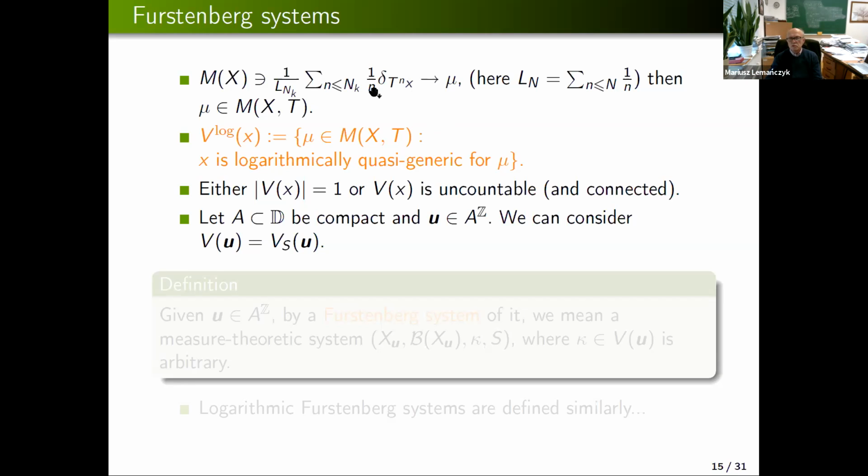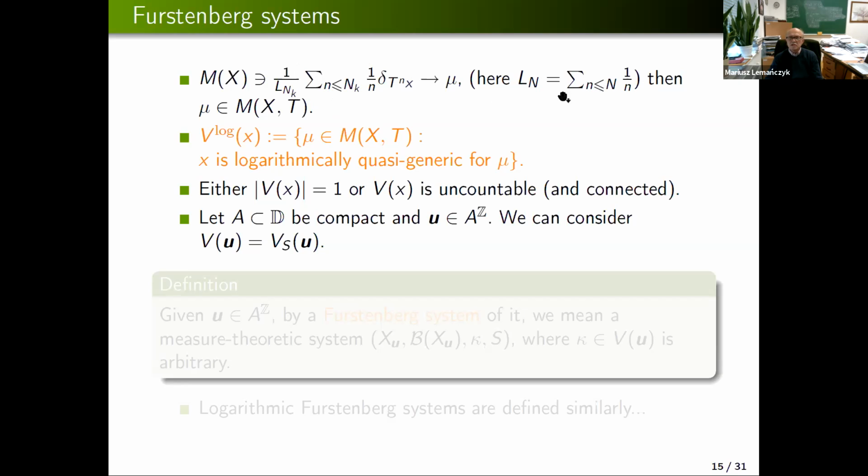If we take 1/n, these are logarithmic weights, and we put the masses like it is here, and then we have to normalize this by using the corresponding sum of weights.